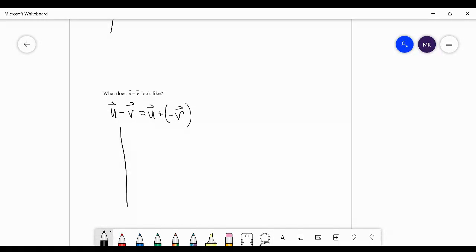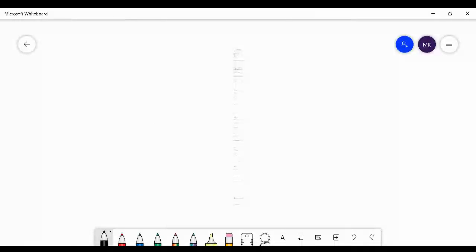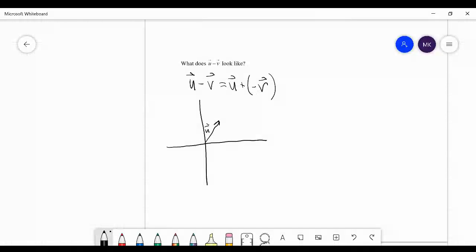So if I think about a graph, let's say this is u, and let's say this right here is the vector v. So then negative v would simply be this, and that's our vector negative v.